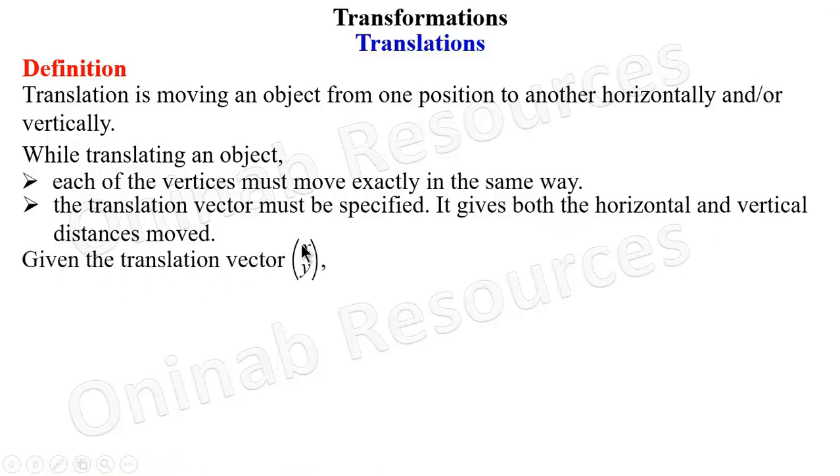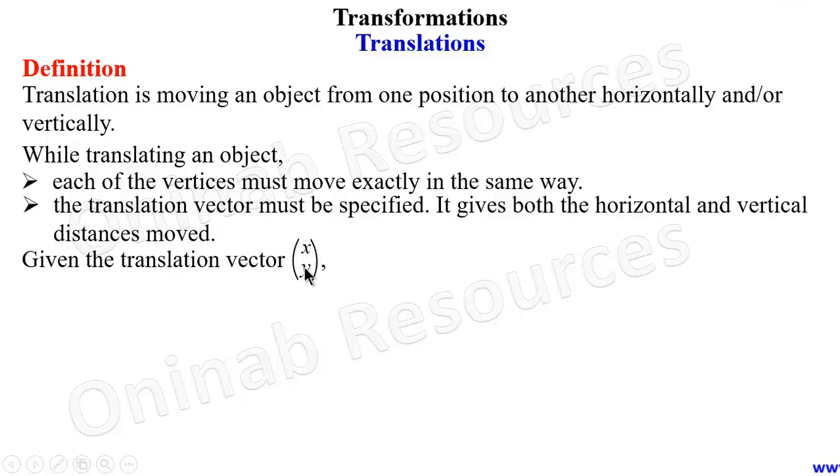Given the translation vector (x, y), where x represents the horizontal movement and y represents the vertical movement. If x is positive, the movement is to the right, and if x is negative, the movement is to the left.